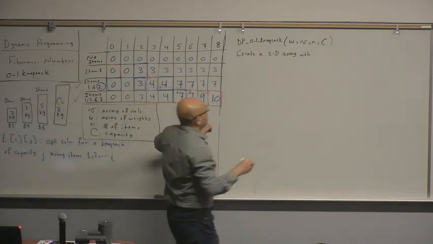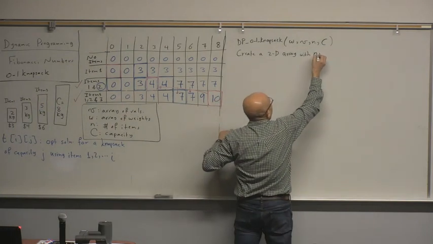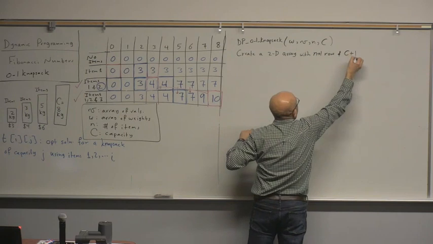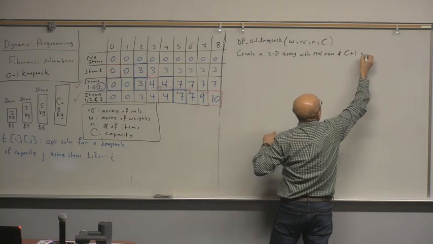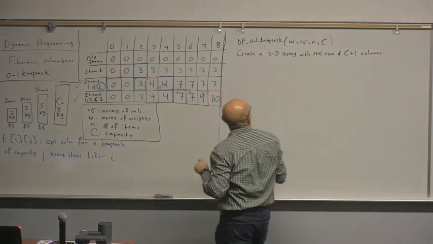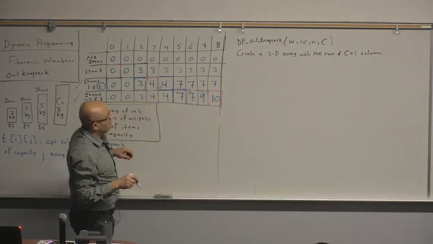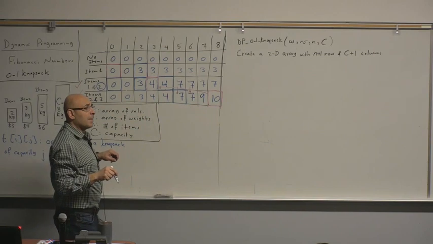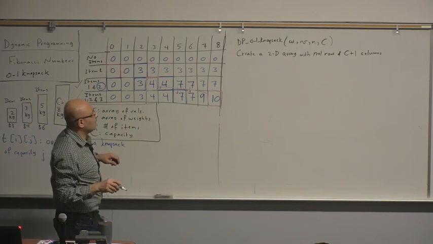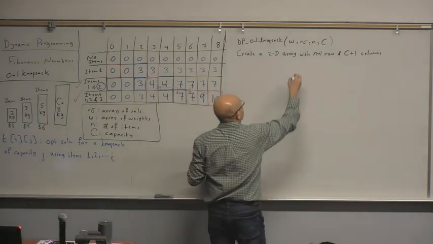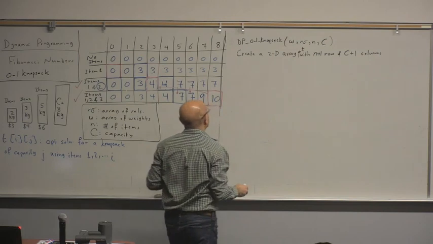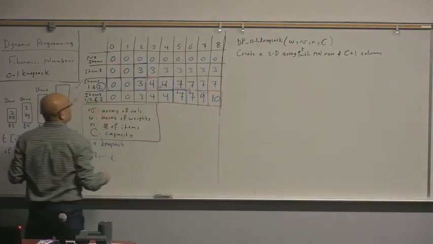So with n plus 1 rows and c plus 1 columns. What do we call that array? Is that T? Okay, yeah, a two-dimensional array T. T for table.